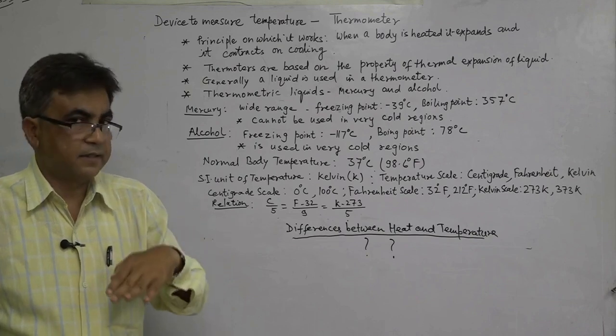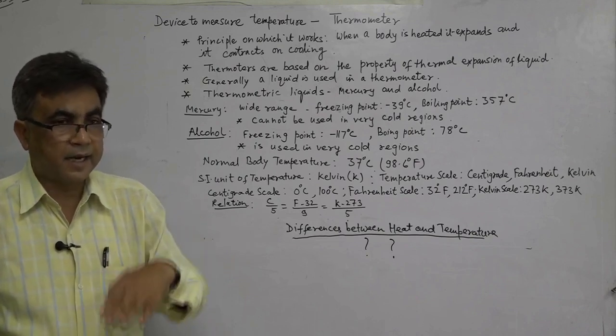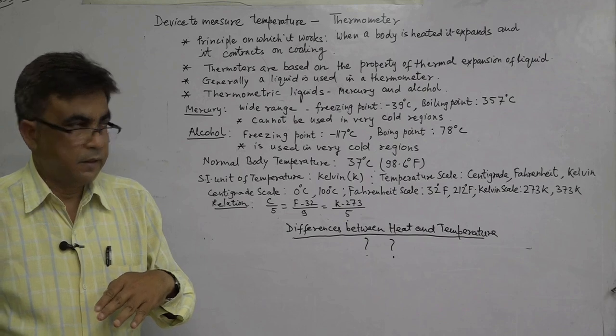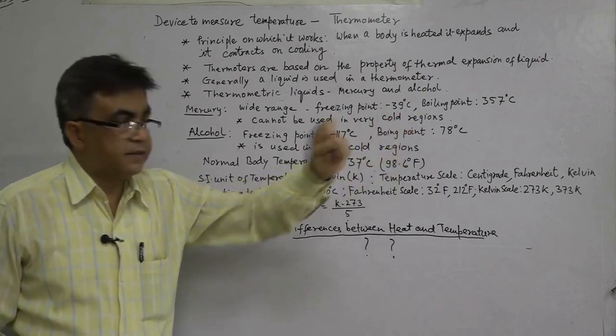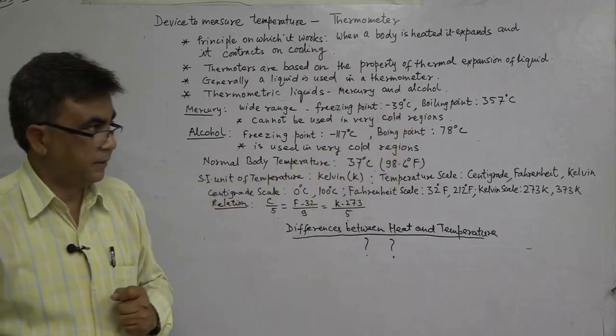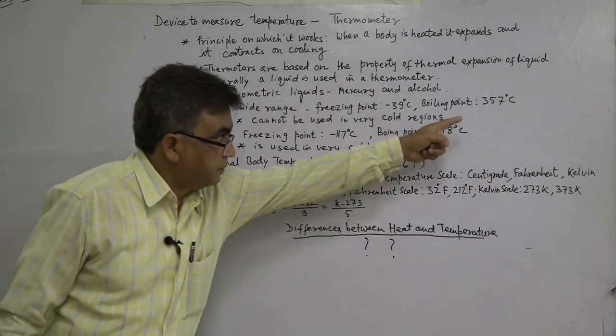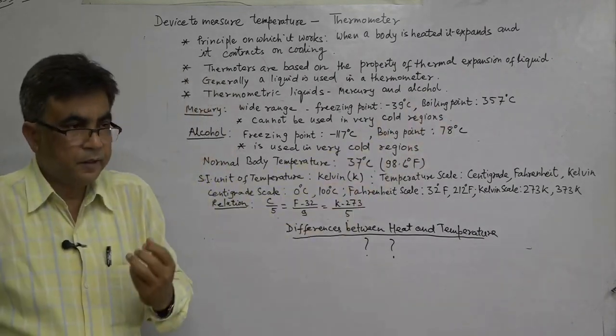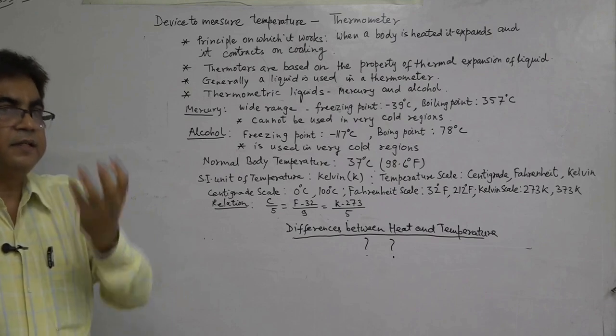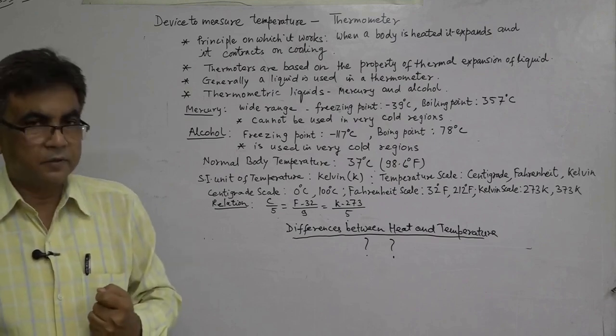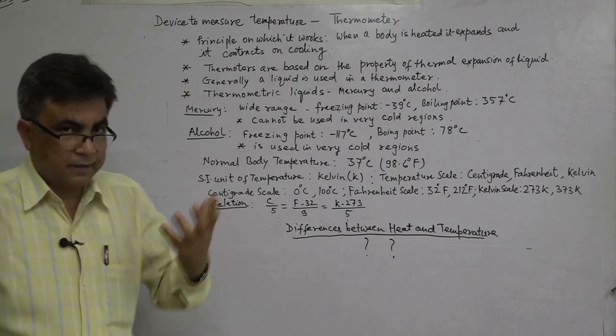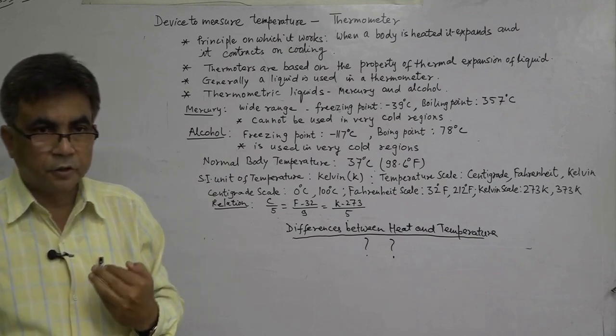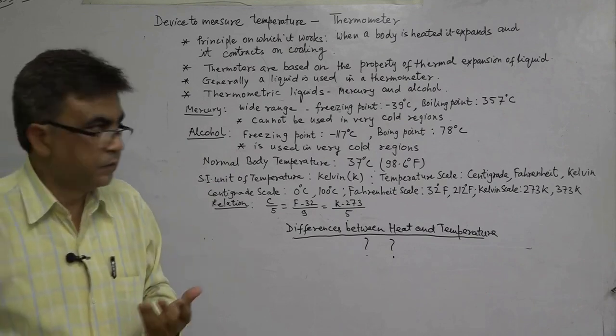When it reaches minus 39 degrees centigrade, only then it starts freezing. And the boiling point is 357 degrees centigrade. It means when the temperature reaches 357 degrees centigrade, only then it starts boiling. That means it starts getting converted into gaseous form.